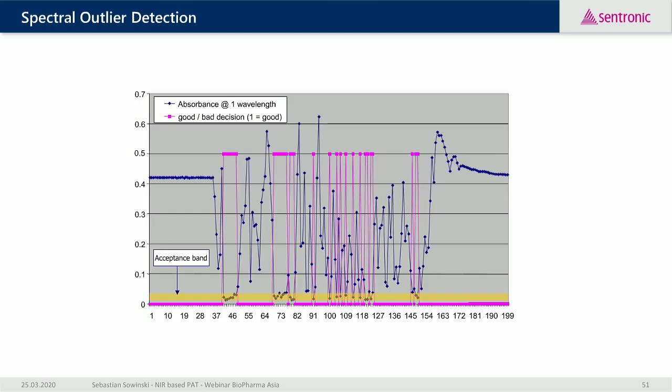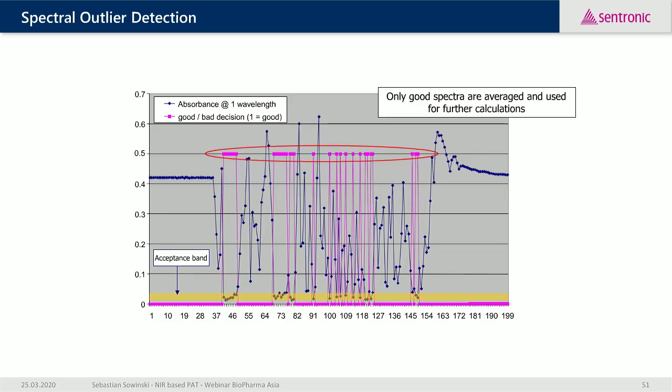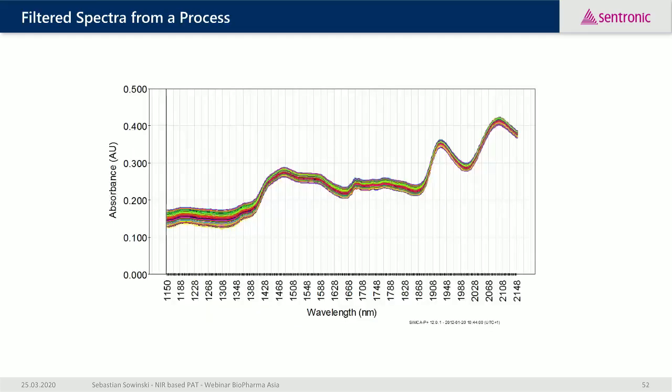Each blue dot represents one individual measurement and represents about 10 milliseconds of process time. And if I then apply an acceptance band where I say, well, this wavelength has to be within this acceptance band, and then I make a good or bad decision as shown in pink, I only use those which are considered as being good based on the spectral properties at this one wavelength.